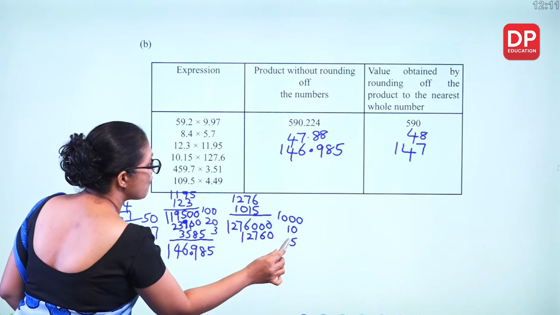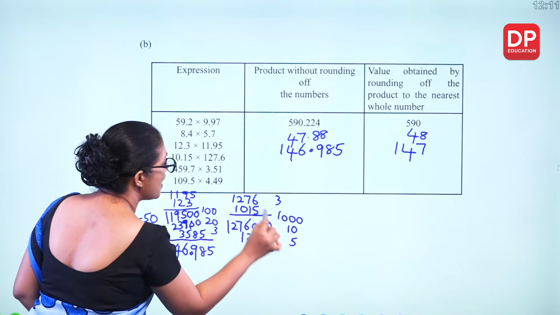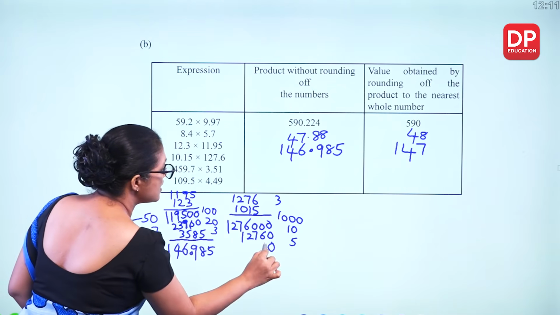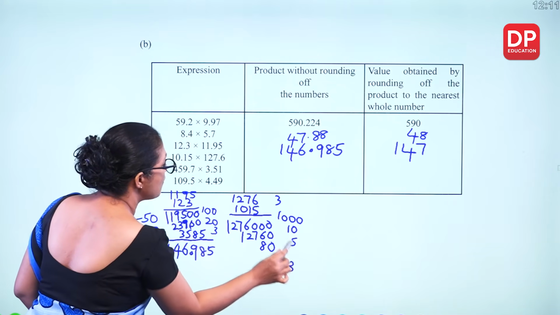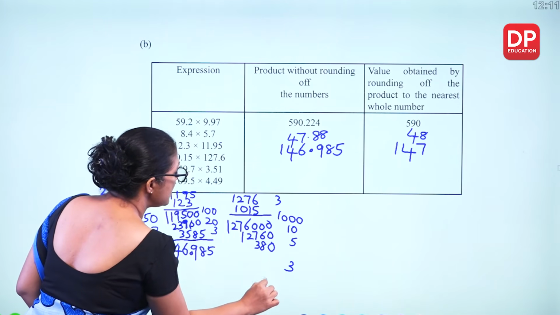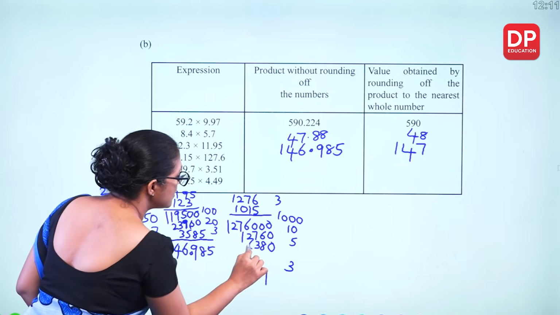And multiply by 5. 5 times 6, 30. 3 remaining. 5 times 7, 35 plus 3, 38. 3 remaining. 5 times 2, 10. 10 plus 3, 13. And 5 times 1, 5. 5 plus 1, 6.